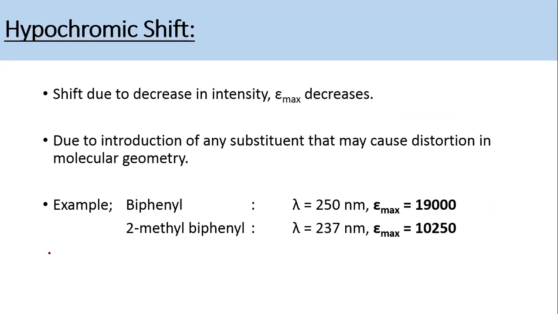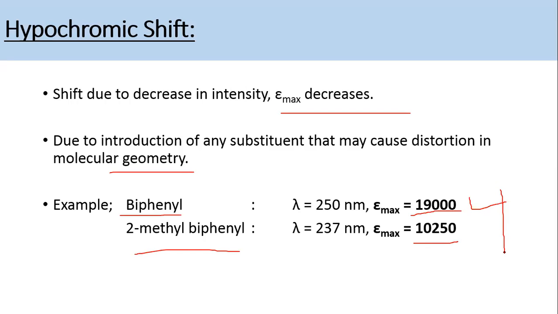The other one is the hypochromic shift, in which a decrease of intensity is observed. This is due to the introduction of any substituent or group that may cause distortion in the geometry of a molecule. For example, biphenyl has an intensity value of 19,000, and in the case of 2-methyl biphenyl, the symmetry has been disturbed and the intensity is decreased to about 10,050.